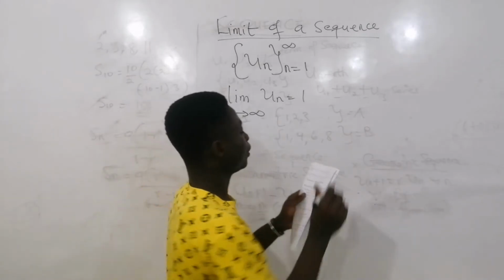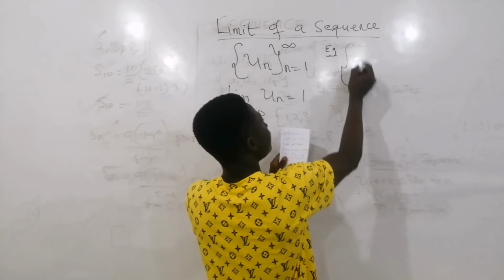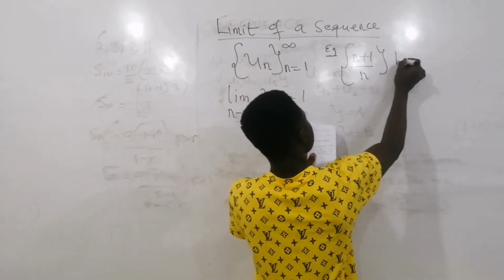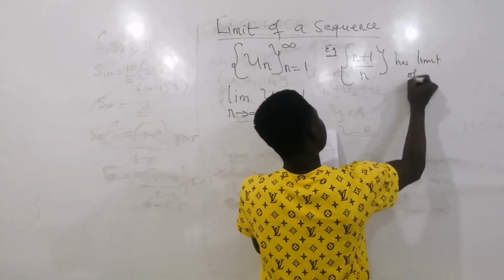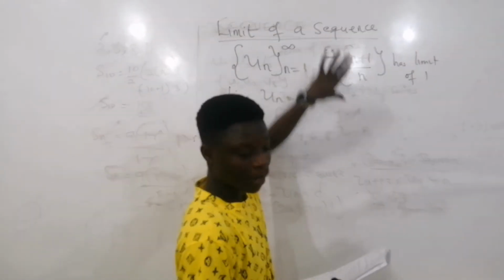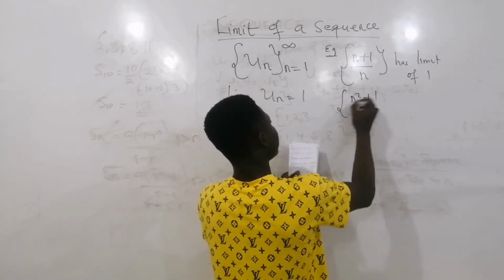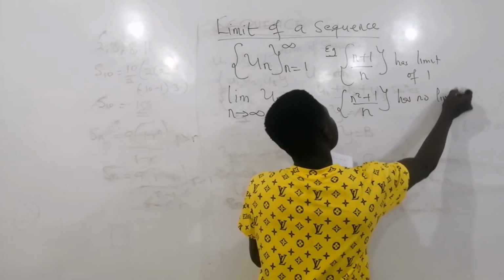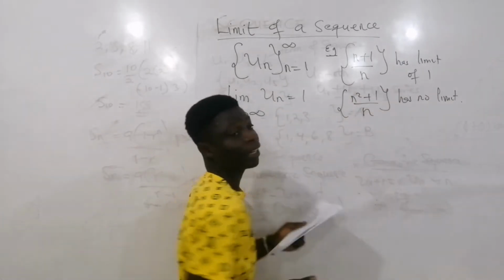The first example is that (1 + 1/n) has a limit of 1. Why? We'll get to know that. So this has a limit of 1, and (n squared + 1)/n has no limit. So this is a convergent sequence, and this is a divergent sequence.